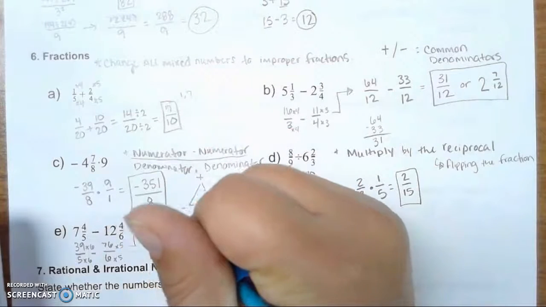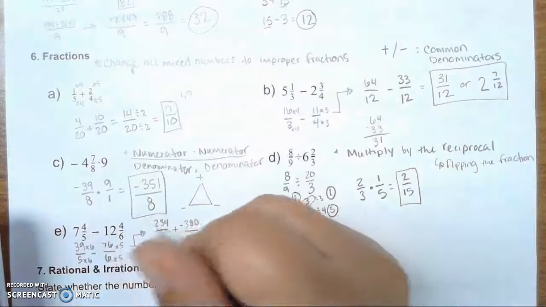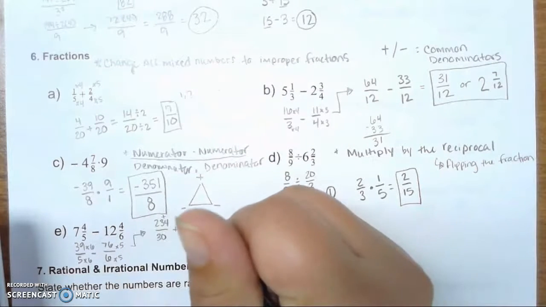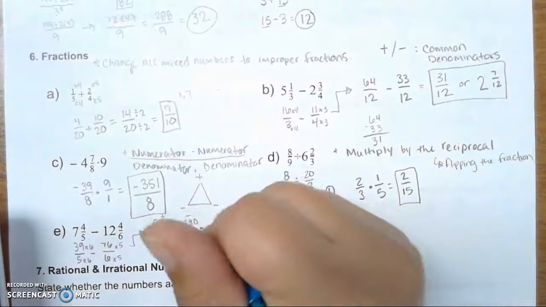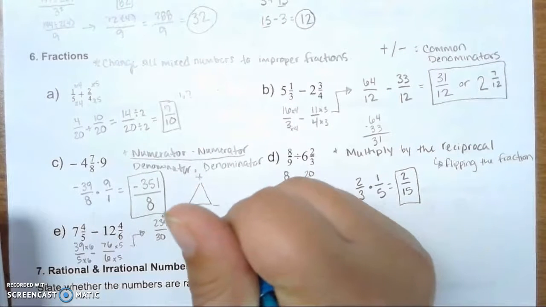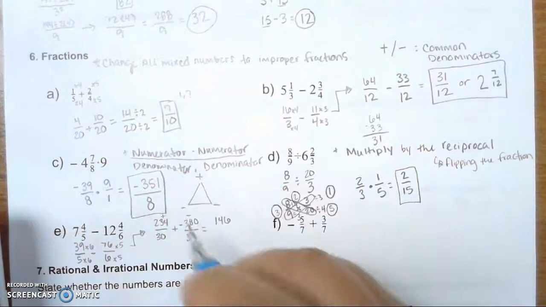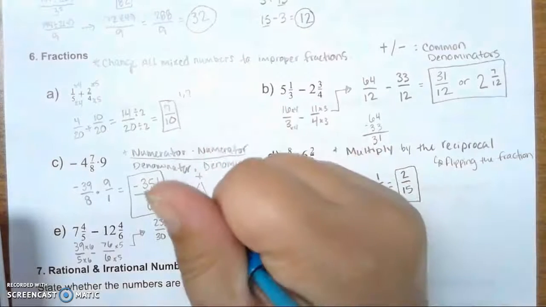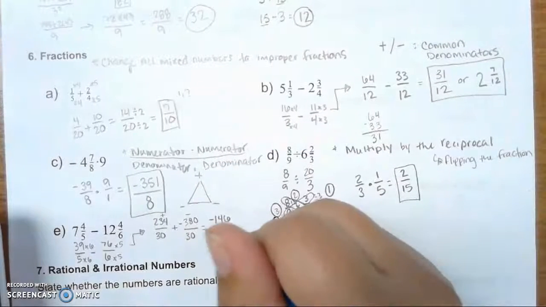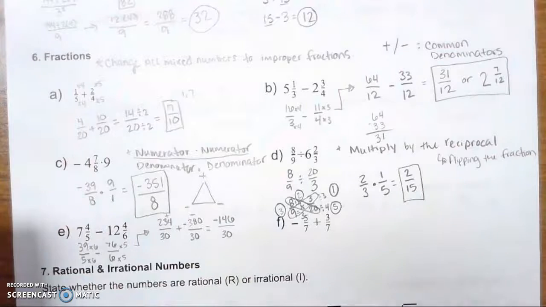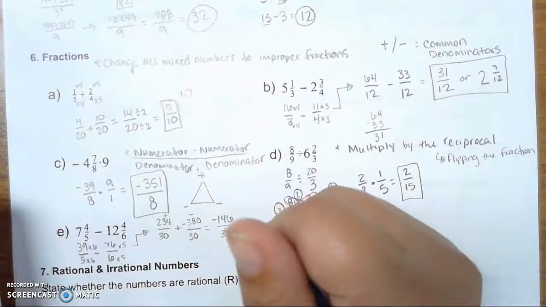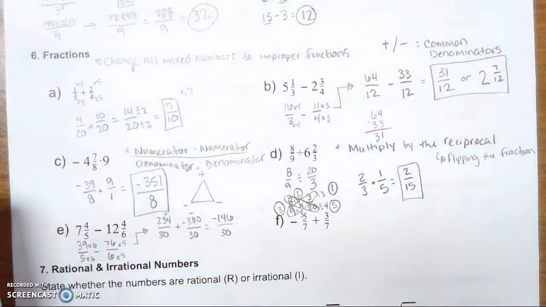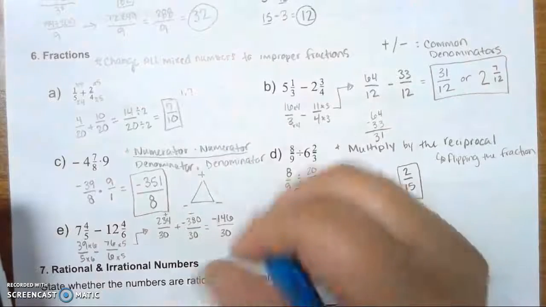Remember, we'd have to add the opposite. So now we have a positive plus a negative, we subtract, which will give us 146. 380 is larger, so it's going to be a negative 146 all over 30. 30 can go into 146 4 times.